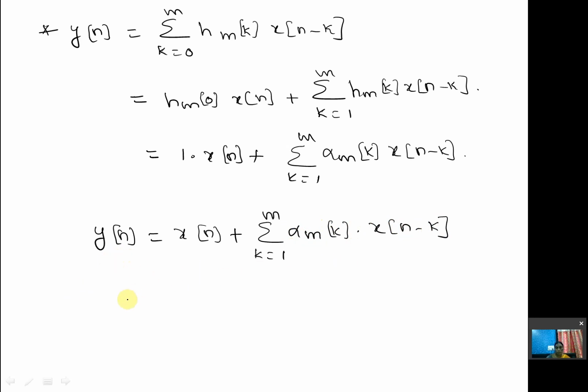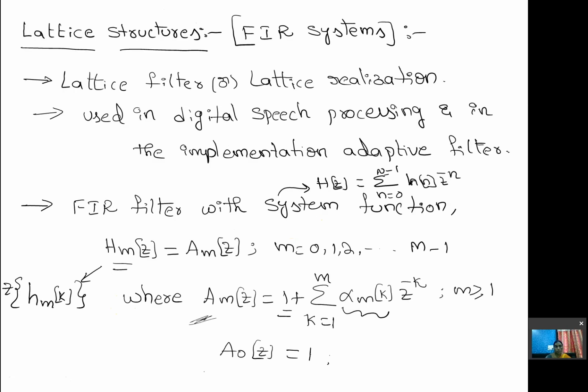So now just recall the points here. What is the first point? It is also called a lattice filter or lattice realization. What is the second point? It is used in digital speech processing and in the implementation of adaptive filters. Now what is the third point? We are considering one FIR filter with the system function which matches this actual system function.